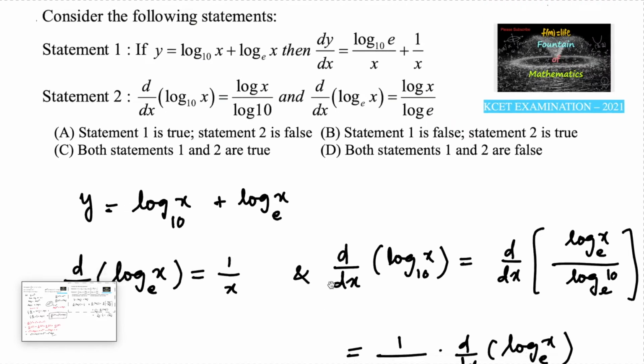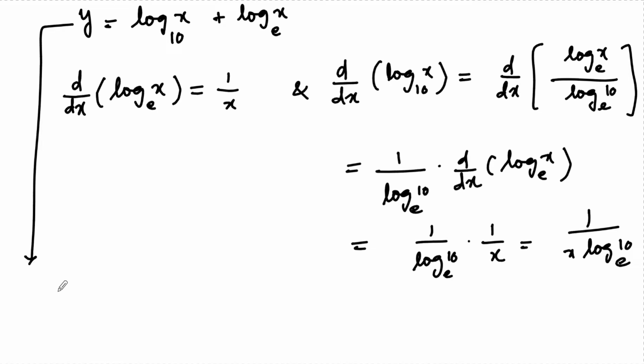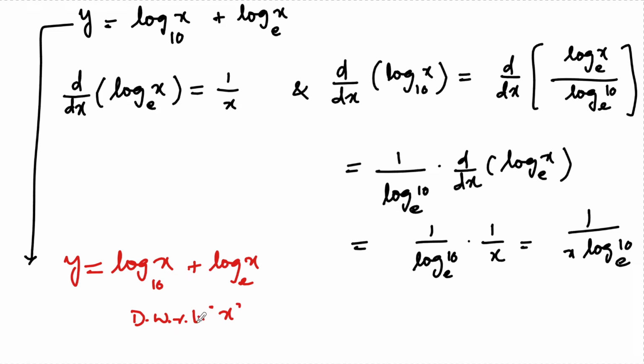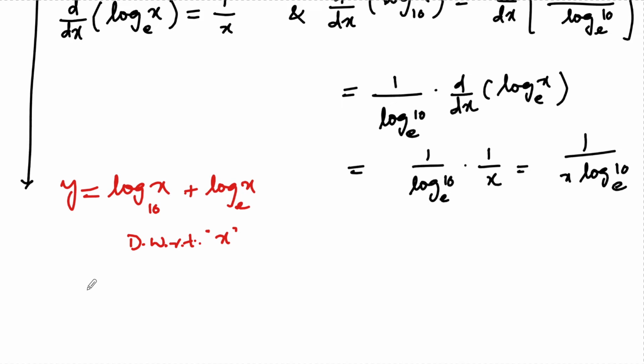And let us verify statement 1. Since given y is equal to log x to the base 10 plus log x to the base e, differentiating with respect to x, we have dy by dx is equal to d by dx of log x to the base 10, which is 1 upon x log 10 to the base e, plus differentiation of log x, which is 1 upon x.